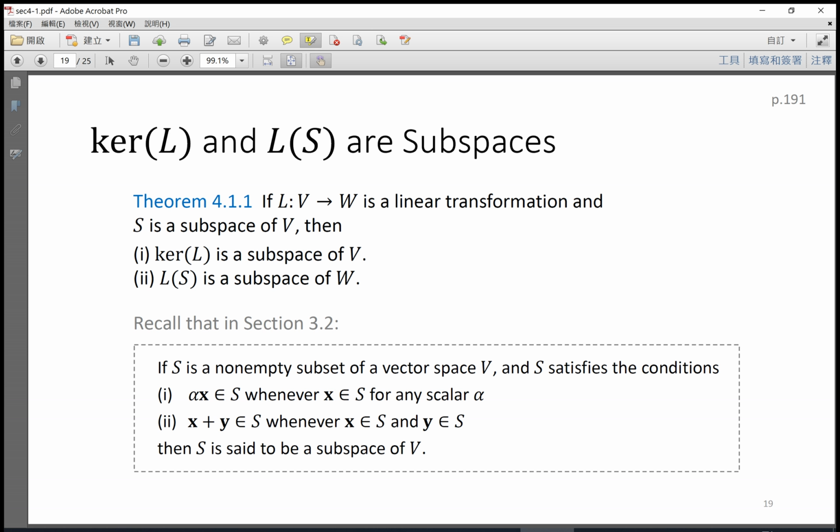If x and y are vectors in S, then the result of vector addition x plus y is still in S. So if S is both closed under scalar multiplication and vector addition, then S is a subspace of V.